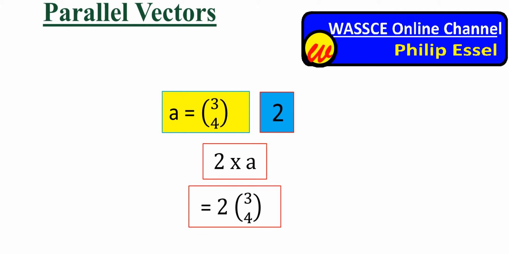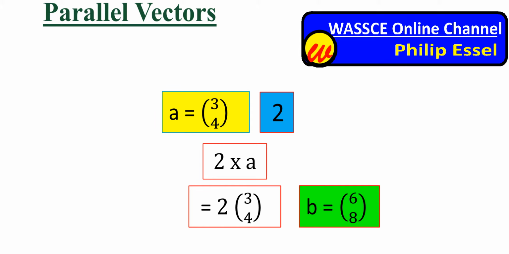When we multiply the scalar 2 by the vector 3, 4, we would get a new vector which is 6, 8. I have named this vector vector B.